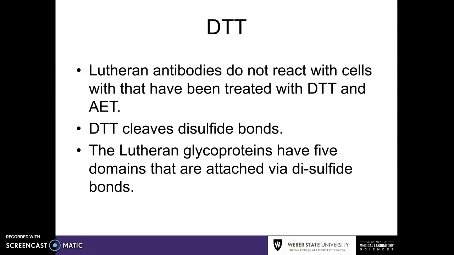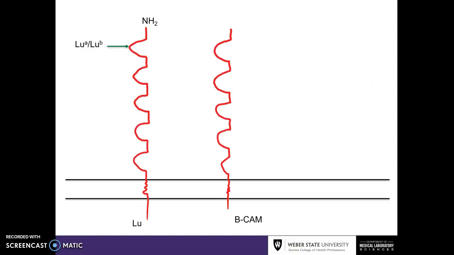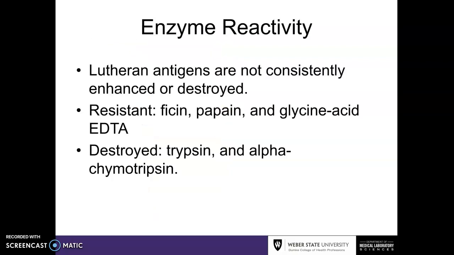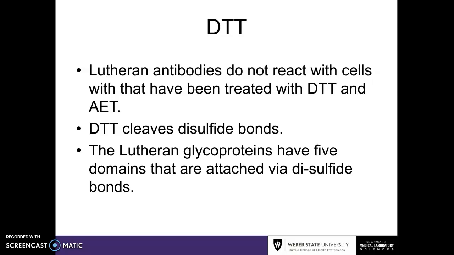And as mentioned earlier, the glycoproteins that house the Lutheran antigens are attached to that transmembrane portion by disulfide bonds. So when we treat it with DTT, it is breaking those bonds and thereby causing the antigen to no longer be there.